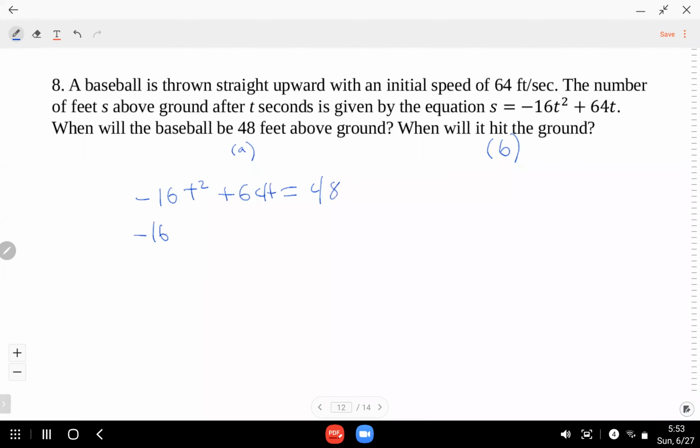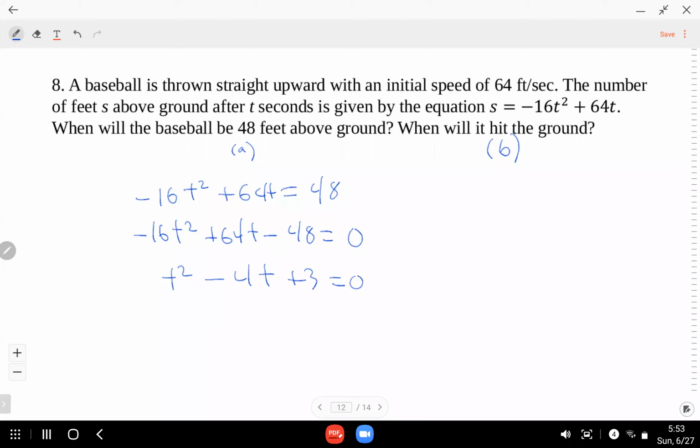Negative 16t squared plus 64t minus 48 equals 0. Big numbers. What do you do? Divide everything by negative 16. t squared minus 4t plus 3 equals 0.